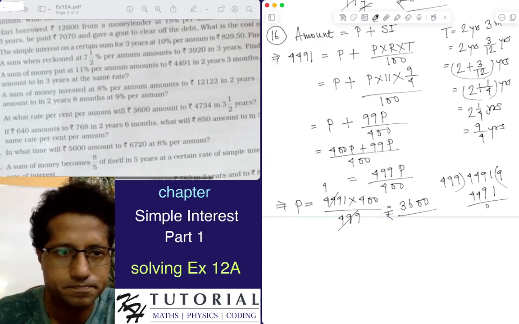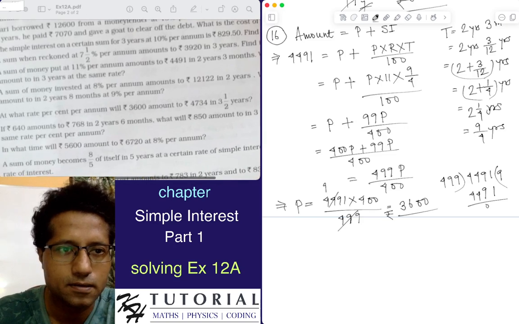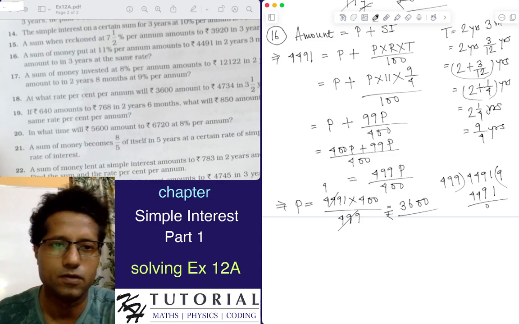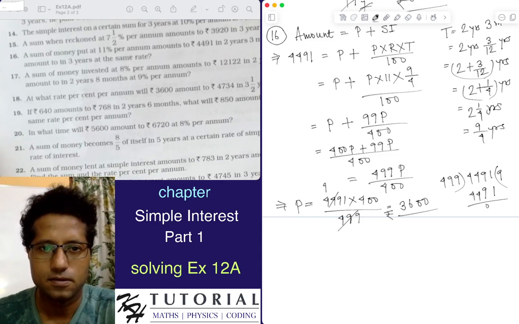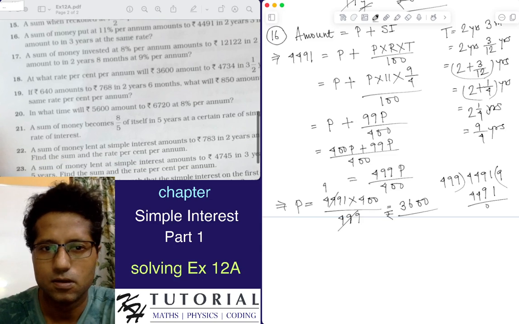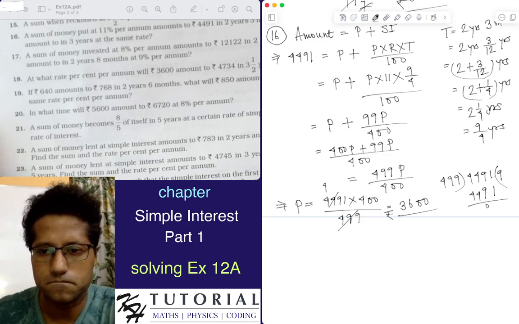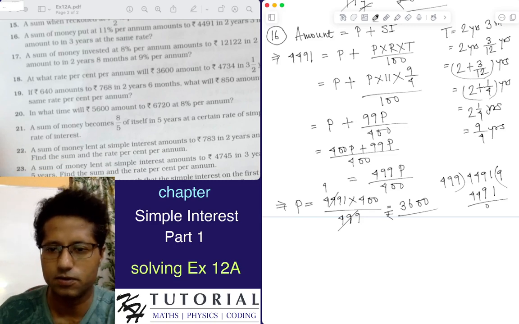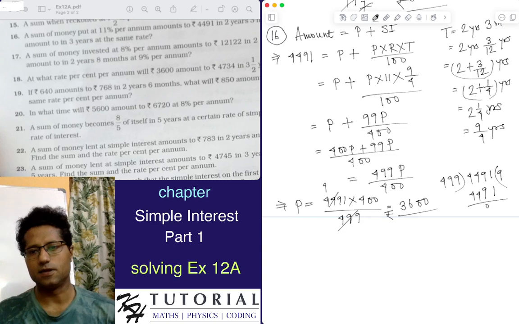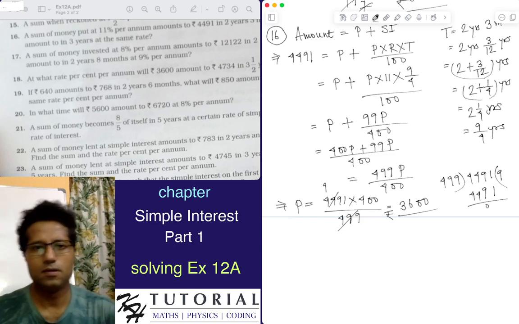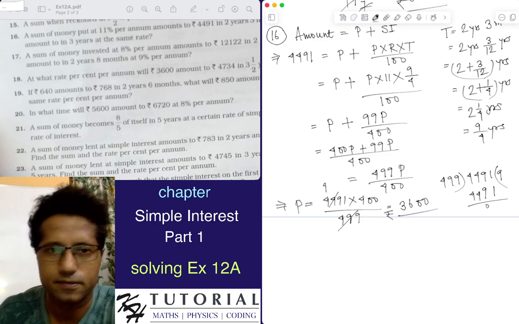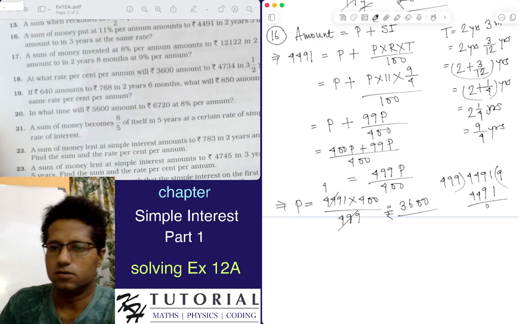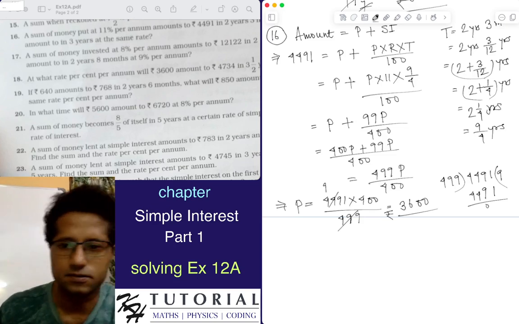Now it is asking what will it amount to in 3 years at the same rate. The sum we have found to be 3600. Now it is asking what will this sum, that is 3600, amount to in 3 years at the same rate. So we have to find the interest that we have to pay on 3600 at the same rate but in 3 years.